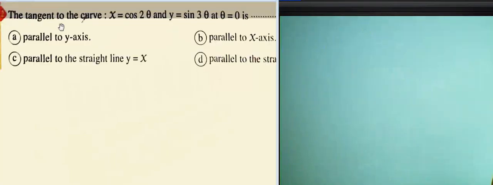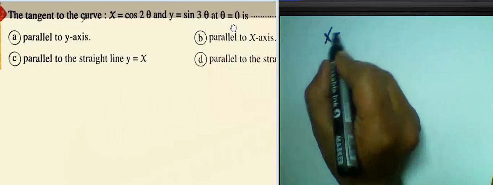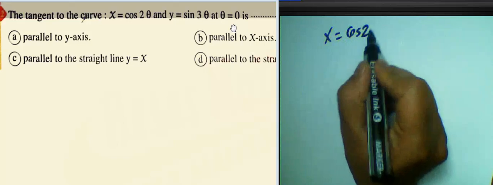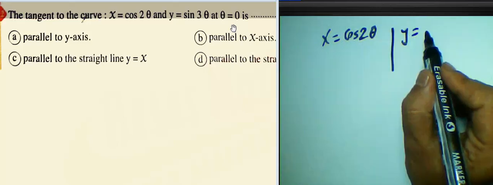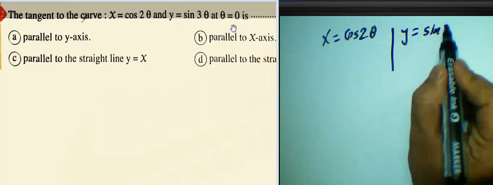Question 12. The tangent to the curve x equals cosine 2 theta and y equals sine 3 theta at theta equals 0, tangent meaning dy over dx. We have x equals cosine 2 theta, and y equals sine 3 theta.